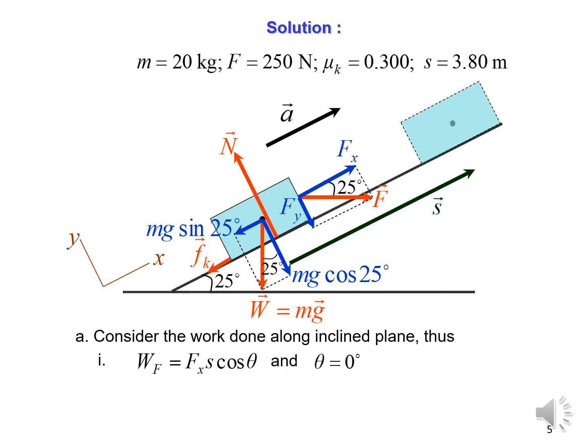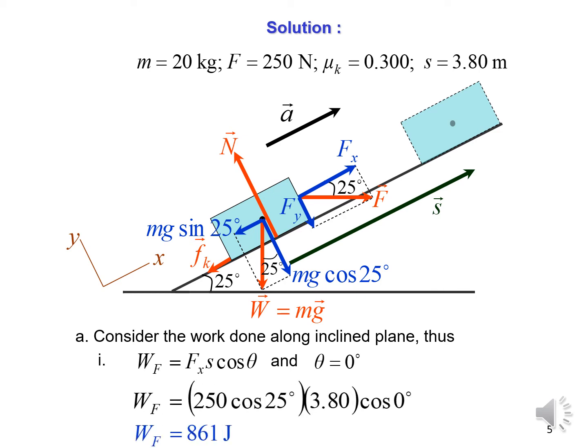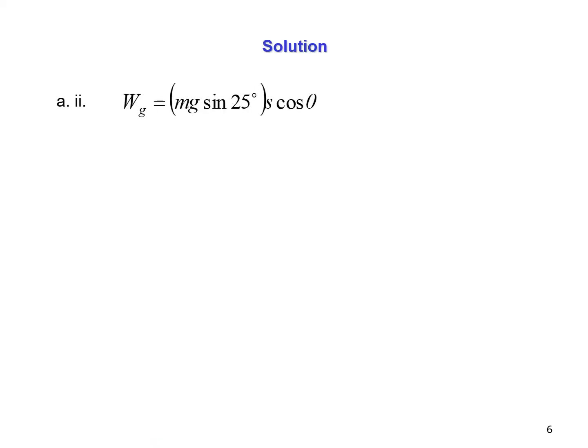Since the movement and the direction of the x component are in the same direction, the angle between Fx and S is 0, which gives the work done by the x component of the force. Then the work done by gravity.